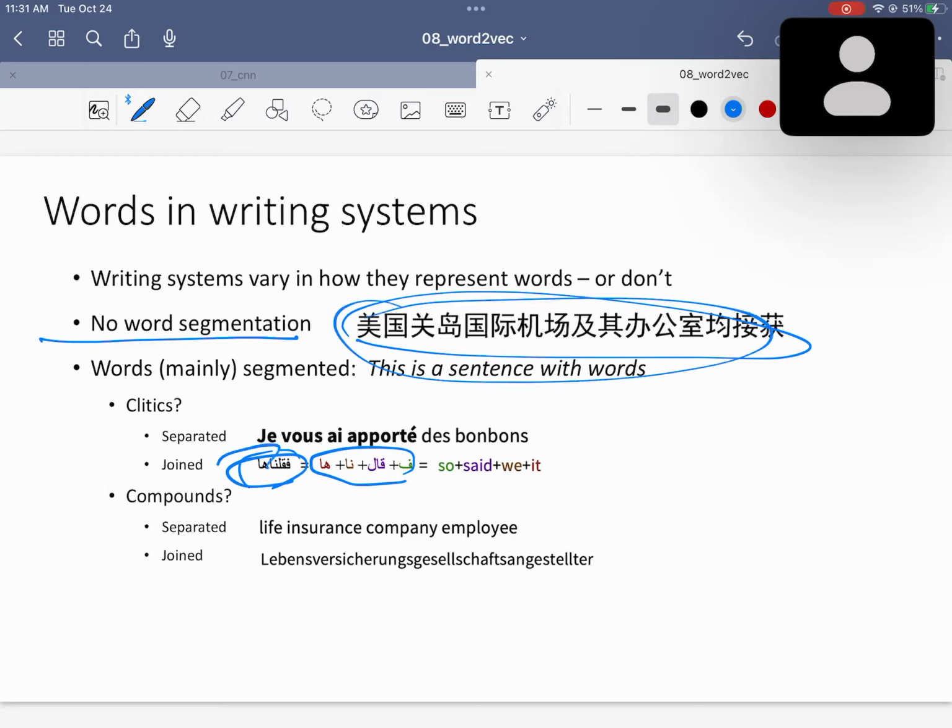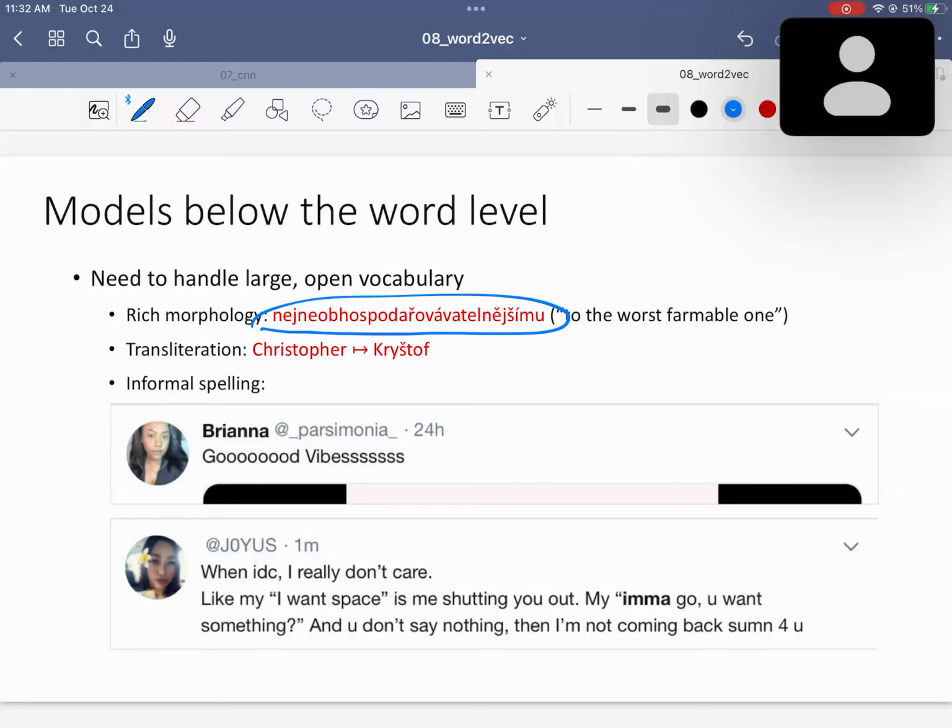Another motivation is that even if you can operate on words, in some languages a single word is really long and compositional. So, for example, here, what is this? This is Polish or Hungarian, I'm not really sure. But German words are like this.